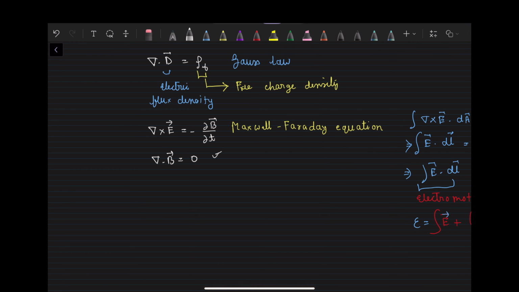Then most important, of course, Ampere-Maxwell's equation. Maybe I'll just write the equation first.